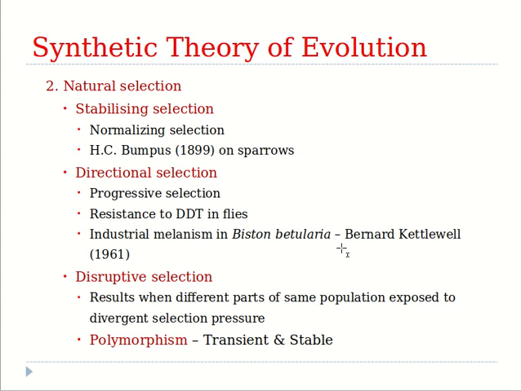So when two forms exist in the same species, it is known as polymorphism. So this is what we are going to deal with next. Polymorphism. A typical example is the peppered moth. Polymorphism is the existence of two or more distinct types of individuals within a particular species or within a particular population.